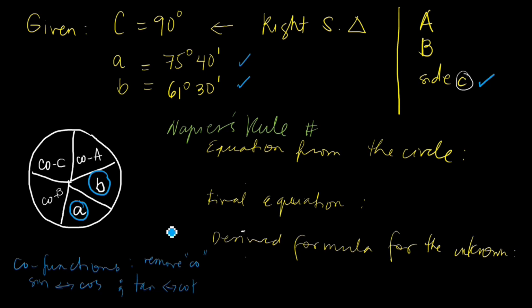Again, in solving the right spherical triangle, you need to make use of the given. The given are A and B. So let us solve for the other one. This time, let us solve for angle A. In solving for angle A, you take a look at these three parts: angle A, side B, side A. In using Napier's rule, you need to determine first which one is the middle.